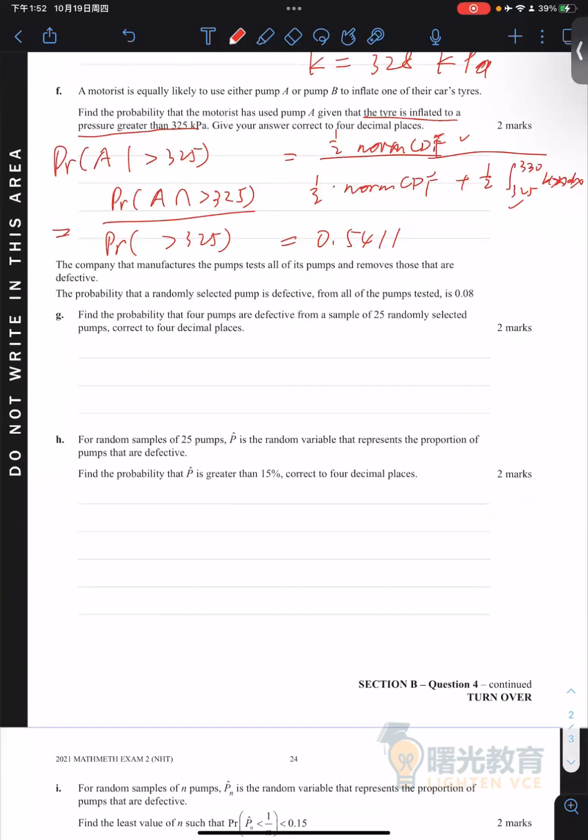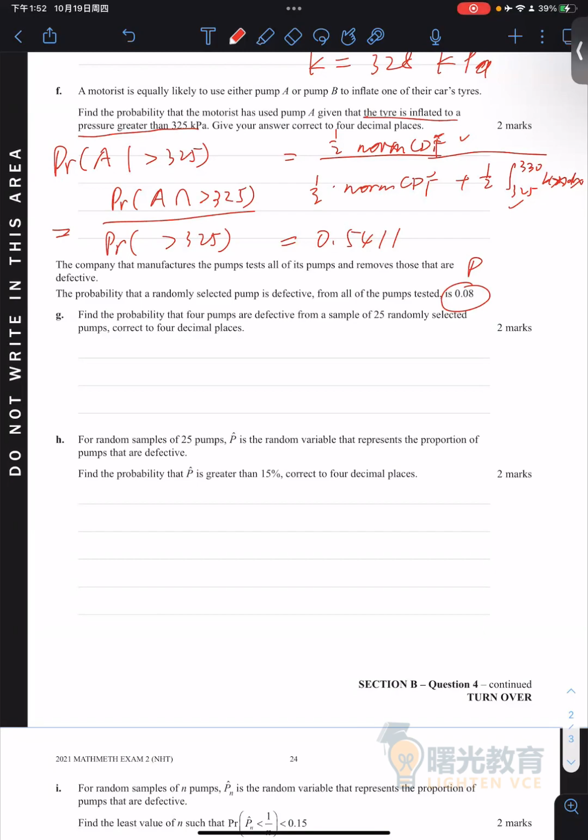Next, the company that manufactures the pump tests all of its pumps and removes those that are defective. The probability that a randomly selected pump is defective from all of the pumps tested is 0.08. Look, typically the sample proportion questions, this 0.08, that is a little p or the population proportion, all right?